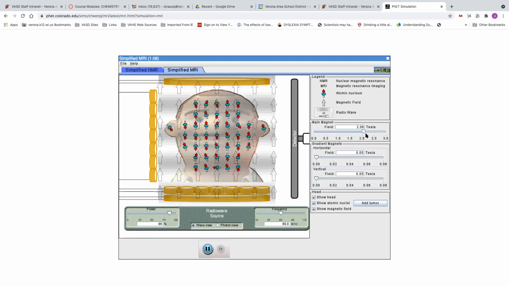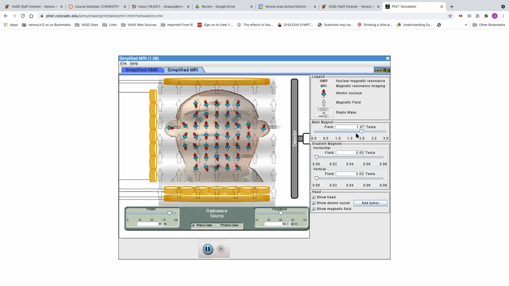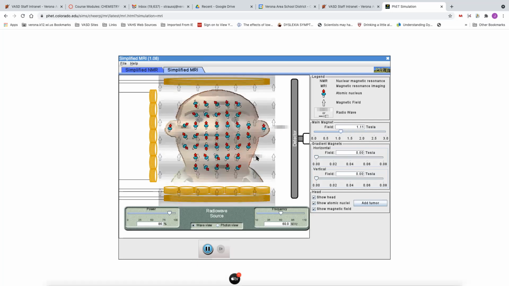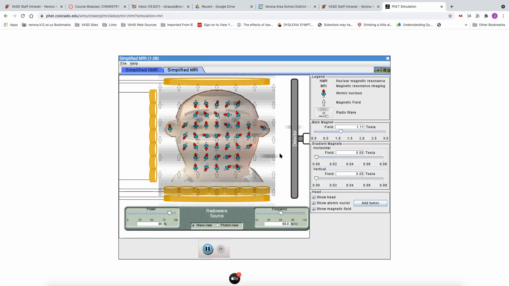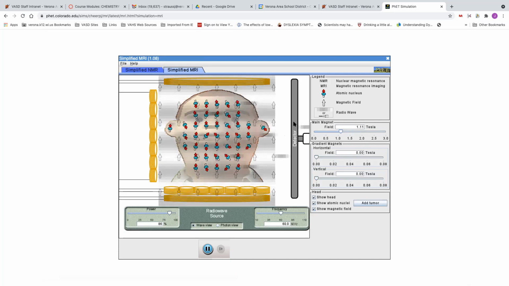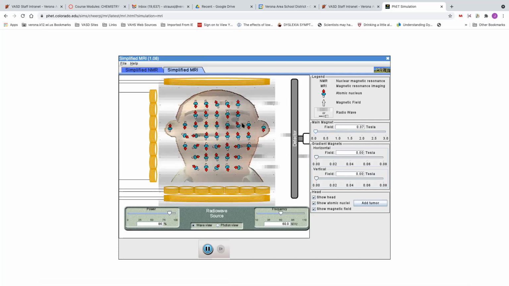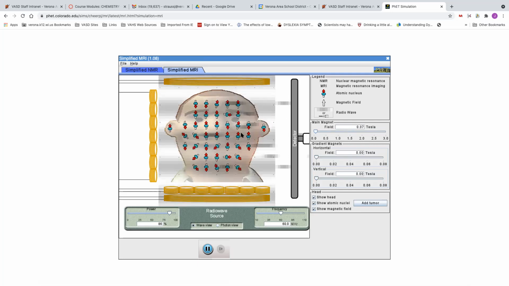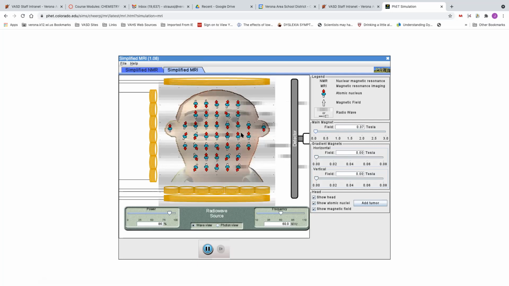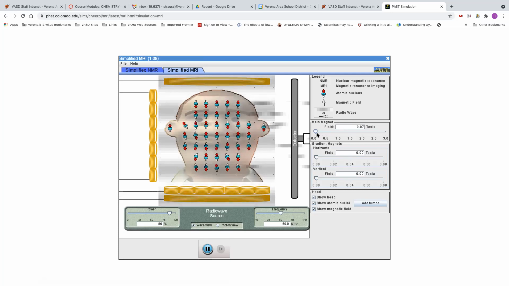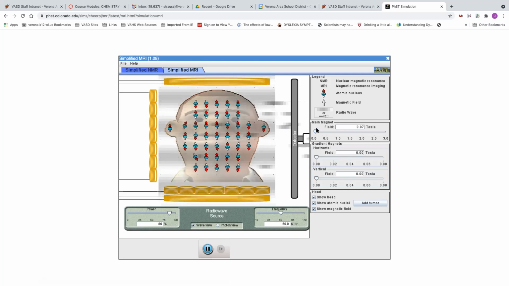Turn the magnet on. Turn the magnet off. See, there are the radio waves coming out now. And those radio waves will hit the detector, and then they can map where everything on the inside of your body is. So MRI uses magnets, okay?